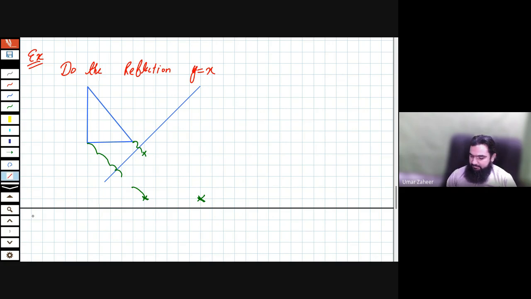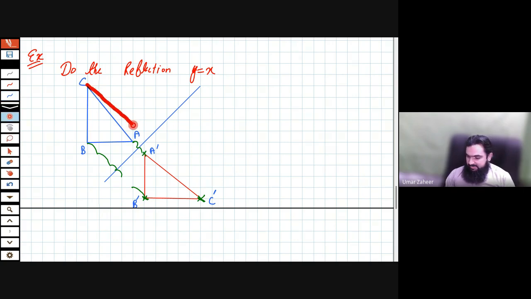Just join them and you will get the image. Your A point will become A dash, your B point will become B dash, and the C point will become C dash. So if you are going to make the image, you have to take the perpendicular distance. Be careful, okay?